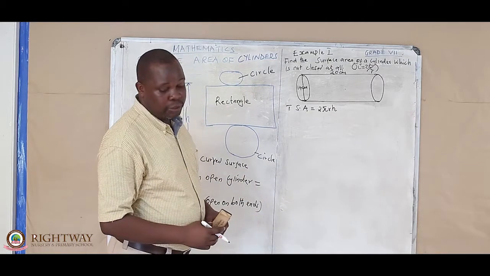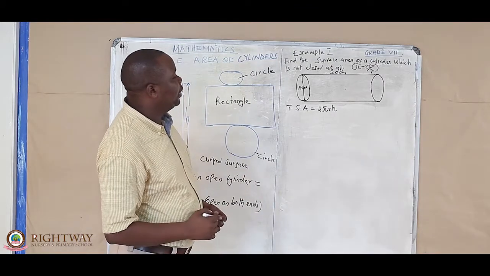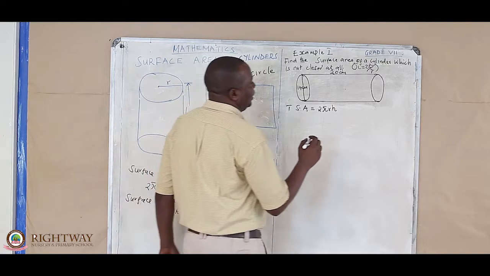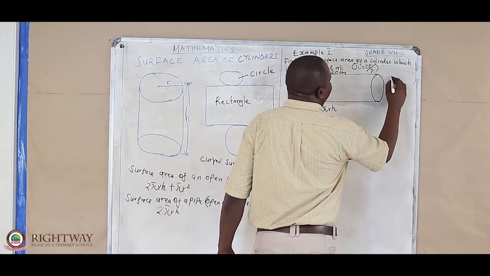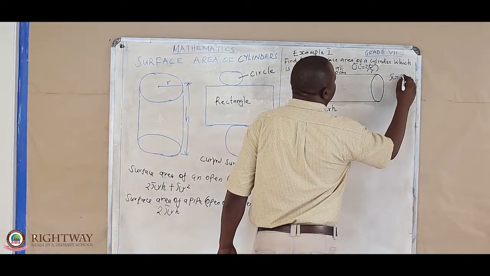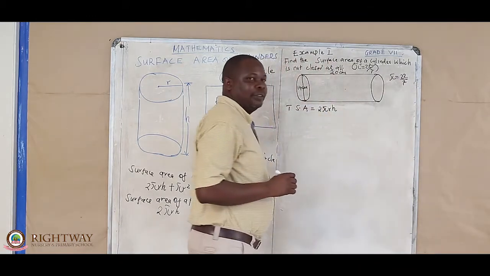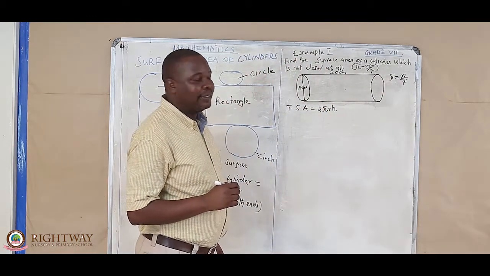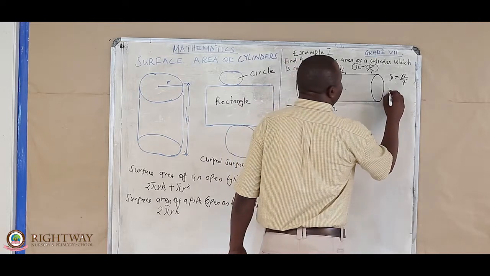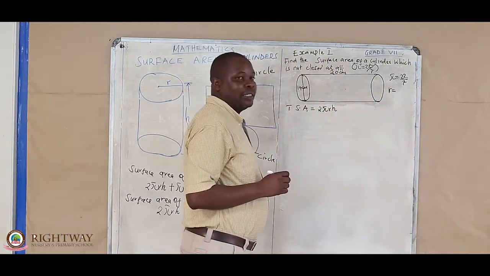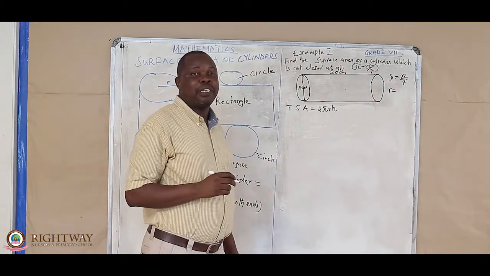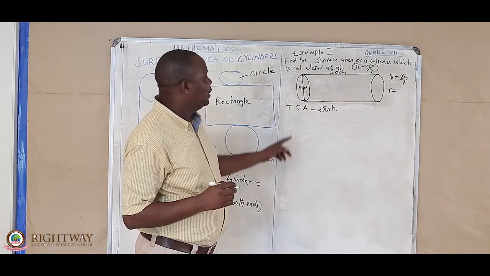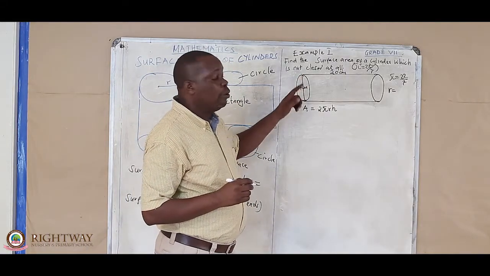But before we continue, let's collect the data from the figure given. In our data, our pi is 22/7. Our r, we know radius. We learned this one when we were learning about circles. Our radius is the distance from the edge to the middle of the circle.